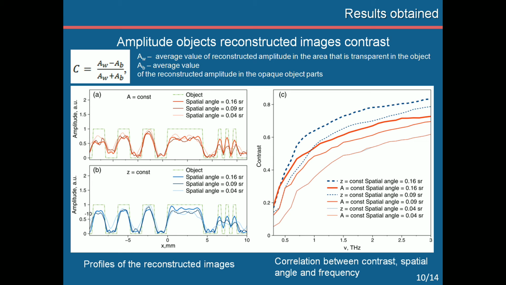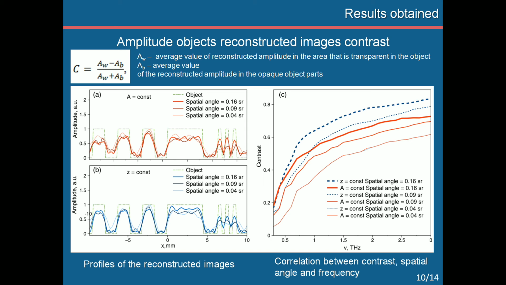The first feature that needs to be mentioned is that the method of changing the spatial angle has the most significant effect on reconstruction contrast at large values of this angle, while at a value of 0.04 steradians and frequencies below 0.5 terahertz, the curves of the frequency dependencies of the contrast for the two methods of changing the spatial angle practically coincide.